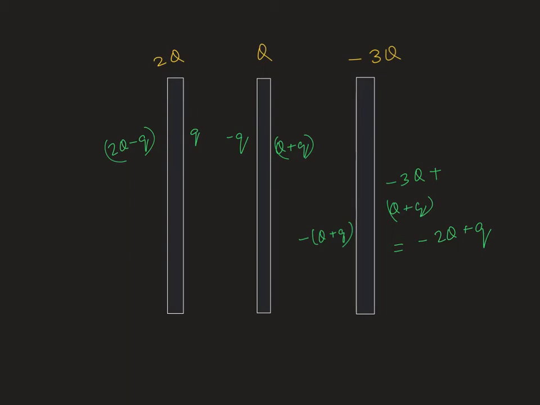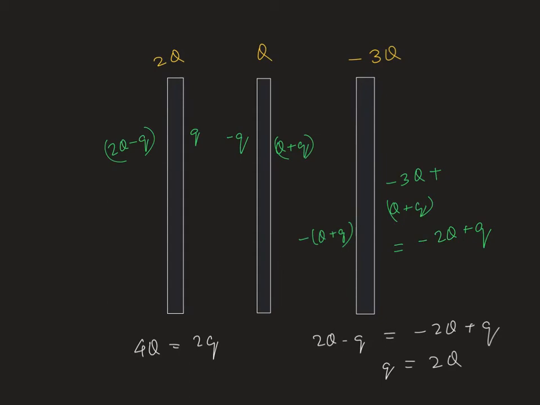So what we are going to do is this: 2q minus q equals minus 2q plus q, and 4q equals 2 times small q, so you get small q equals 2q, and this is your arrangement. Way smaller than what we did in the previous things. But if you don't understand why the first and the last ones are equal, I want you to go back, rewind this video and see it again.